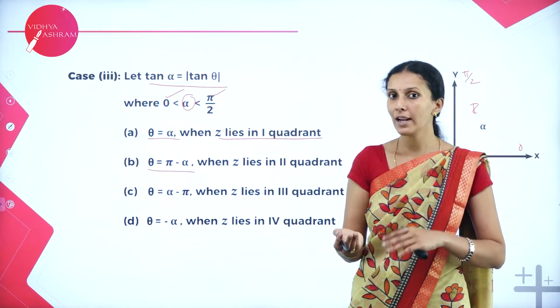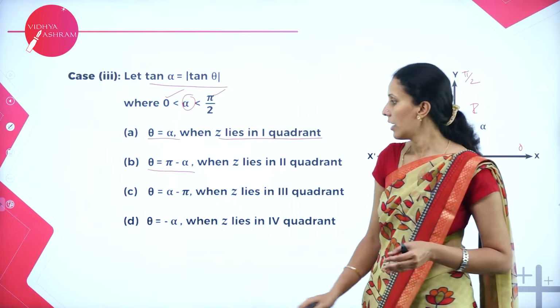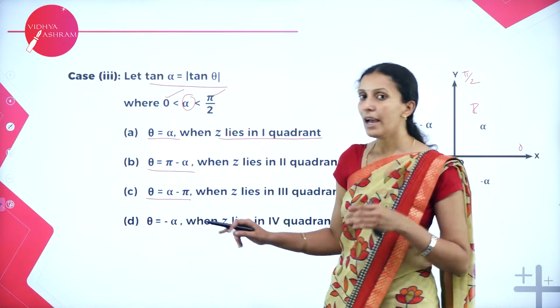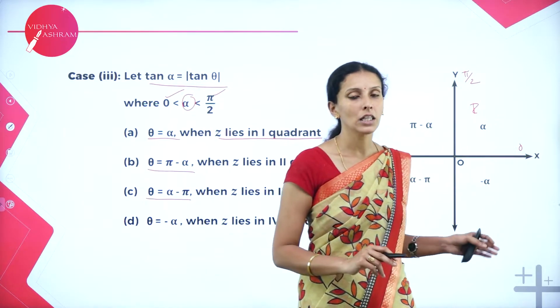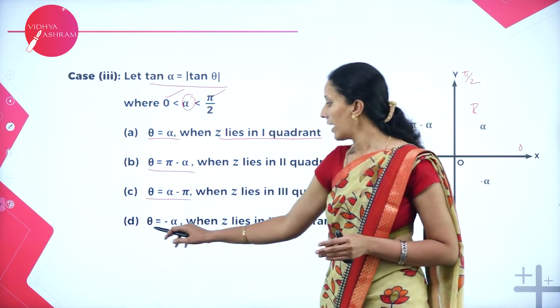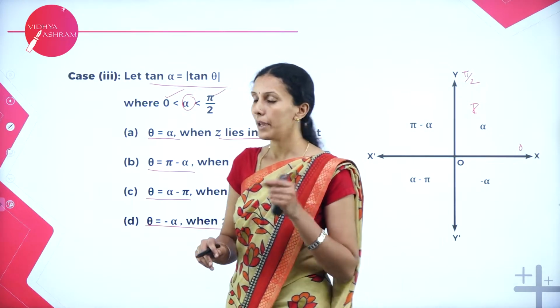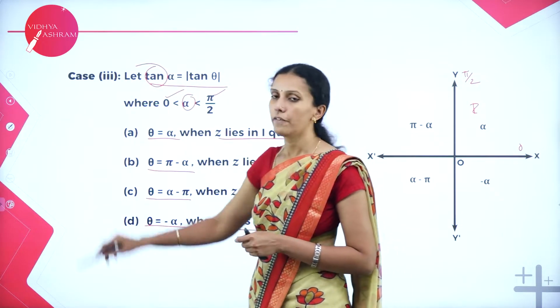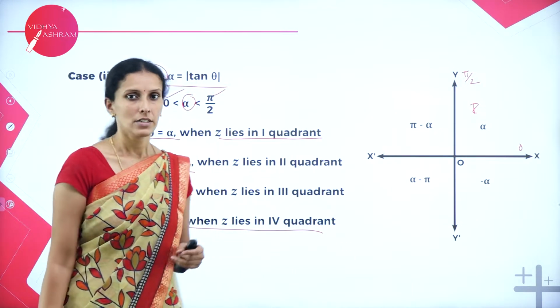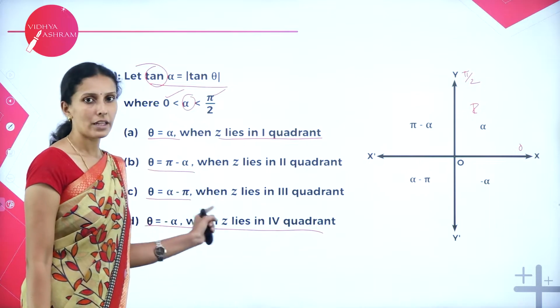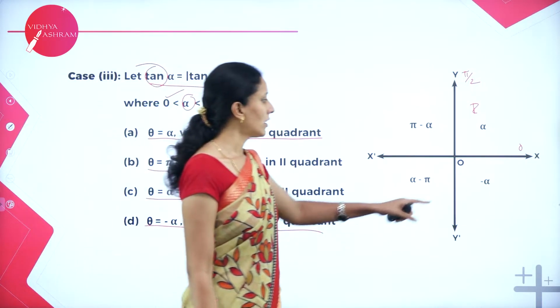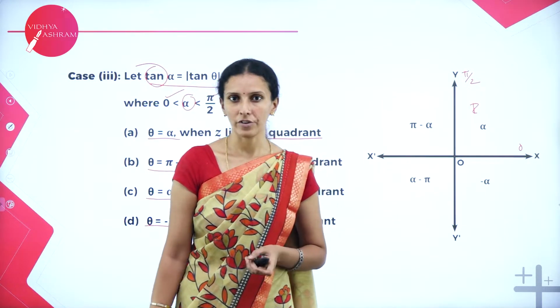If you substitute tan, then it will be minus tan alpha. Then theta will be alpha minus pi in the third quadrant, and again theta will be equal to minus alpha in the fourth quadrant based on the function tan. We are discussing the theta here. So this is how we can find the value of theta when it lies in the four quadrants.